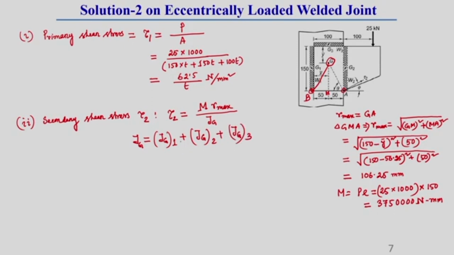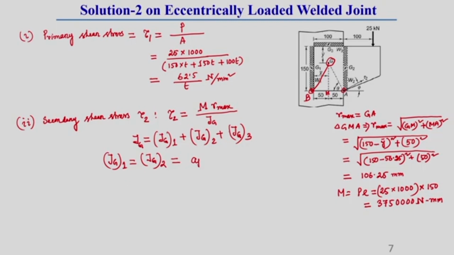Now, we can see Jg1 and Jg2 are symmetric with respect to this G, correct. So, we can say Jg1 equal to Jg2. The relationship with area and other dimensions is very well known to us, so I am not again going to derive that formula, I am directly applying it.